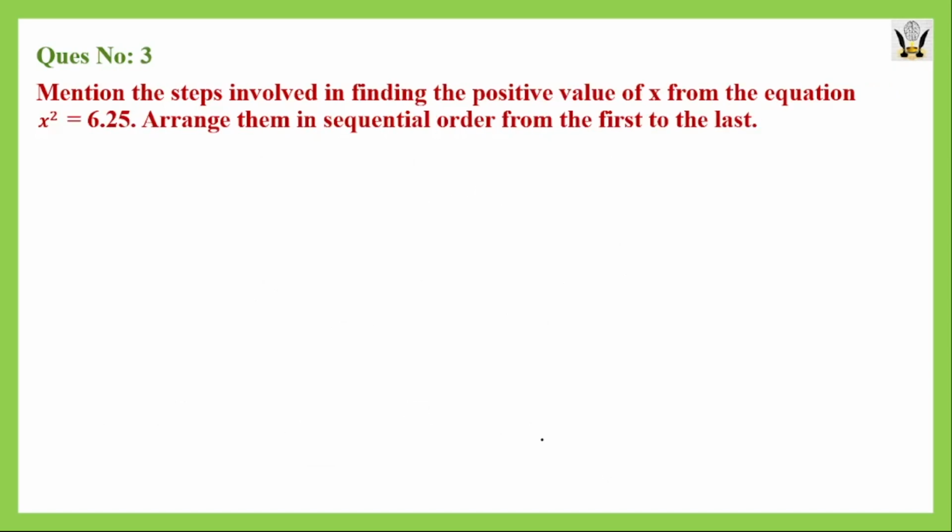Now in this problem sum we have to find the value of x, where we have an equation where the value of x square is given, which is 6.25. So in the first step we will write that equation which is given. In the second step we will represent that decimal number by a rational number. So it will be 625 divided by 100, as after the decimal point we have only 2 digits, so 10 square.